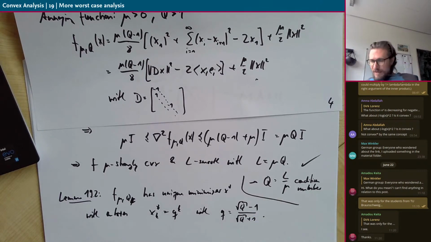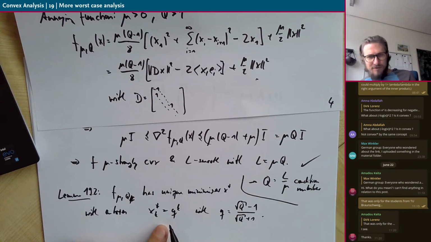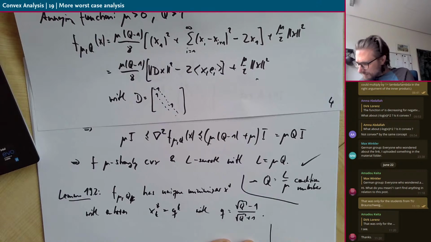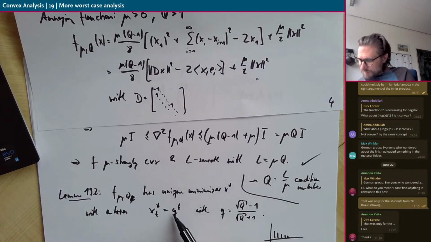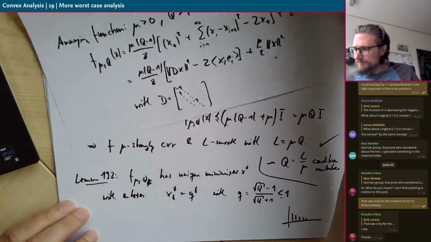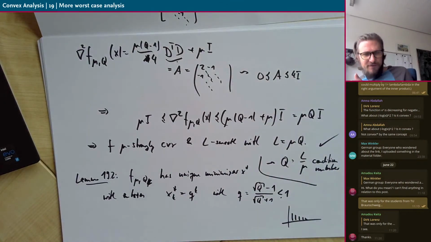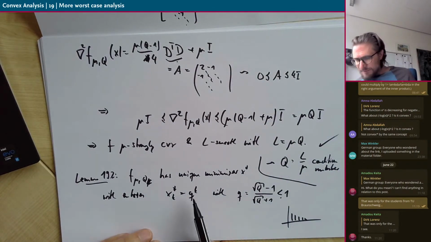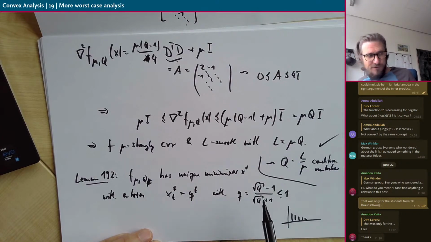So the entries in the minimizer form a convergent geometric sequence. They just go down geometrically fast, because this small q is that expression, and this is for sure smaller than 1, because what's up here is smaller than what's down there. So our minimizer is an infinitely long vector, and the kth entry is q to the k for that number q.